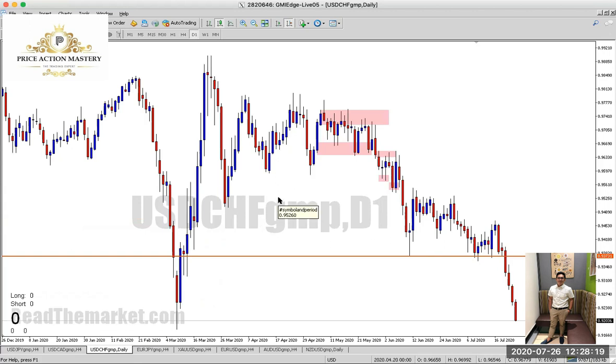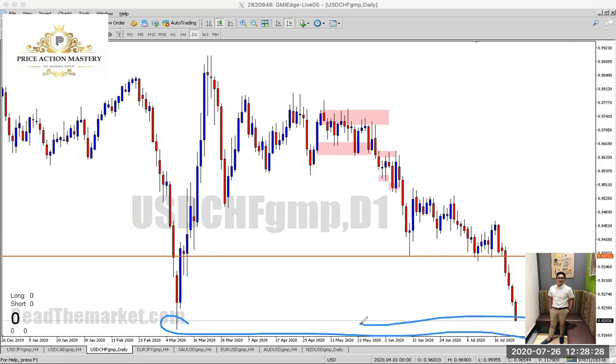USD CHF. As you can see, the market just bled down to the previous low that happened on 4th March. It might make the same move as then, and just shoot up.